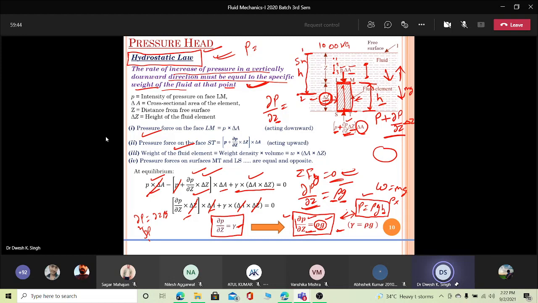Both are constant, so change is constant. But if you want to find out the pressure at a particular point, then just use this. If you want to find out the pressure between 2 different points, you need to use this. And accordingly, the difference between 1 and 2 will be equal to the del z and rho. That's simple. Okay.